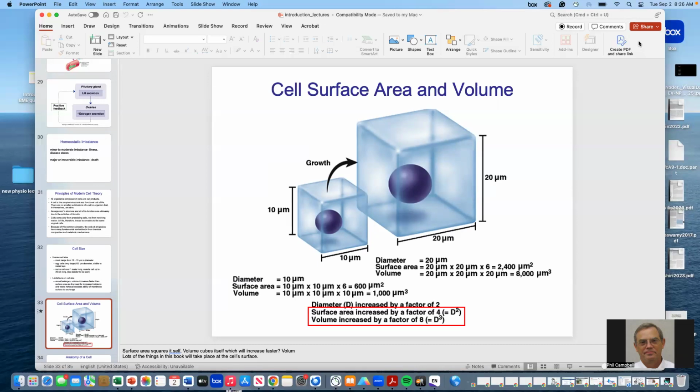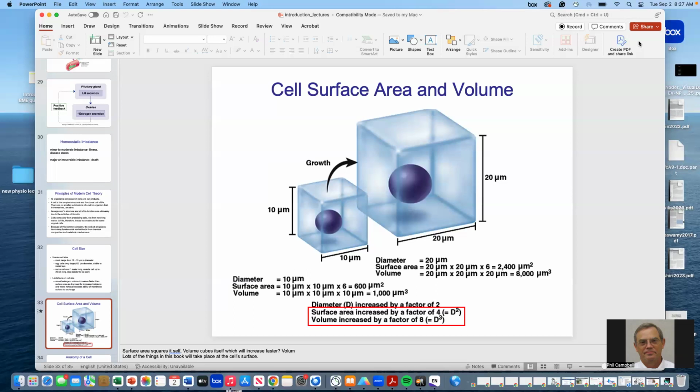Okay. Now, let's just simply double the diameter of that cell. That has a disproportionate effect. So we are only doubling the diameter. That means that the surface area is 20 by 20 by 6. That a little over doubles the surface area, going from 600 to 2,400. But look at volume. That's 20 by 20 by 20.